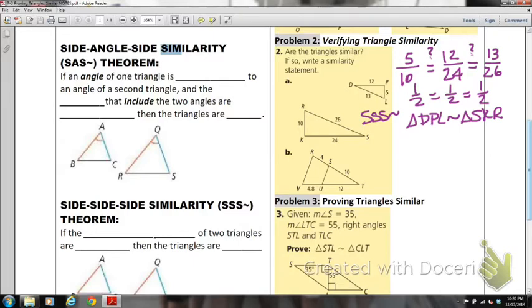In the second set of triangles, in B, we have a triangle within a triangle. So anytime you have a triangle inside of a triangle, you're going to have usually a part that's shared between the two. So here we have triangle STU, which is the smaller triangle on the inside.